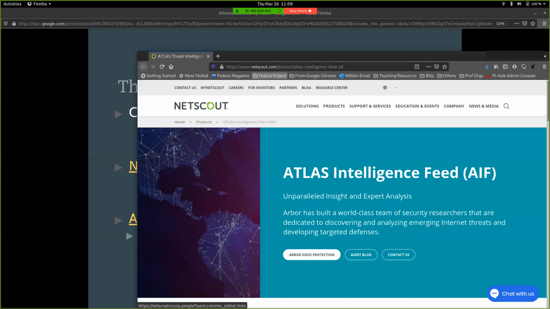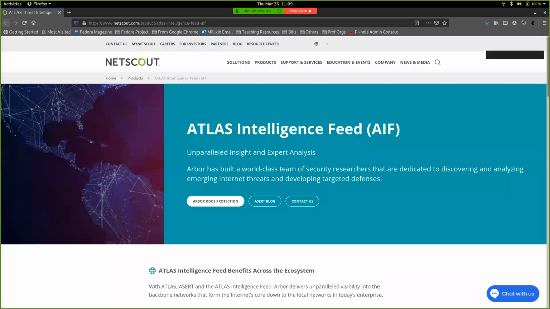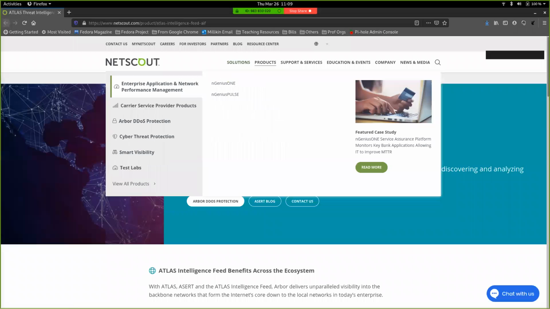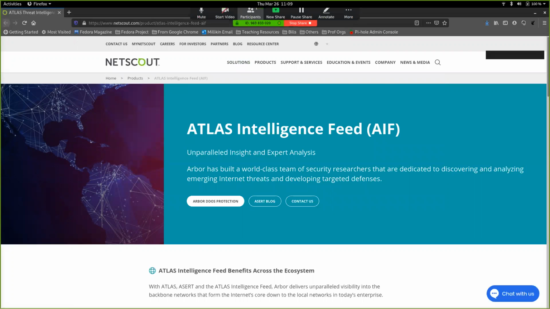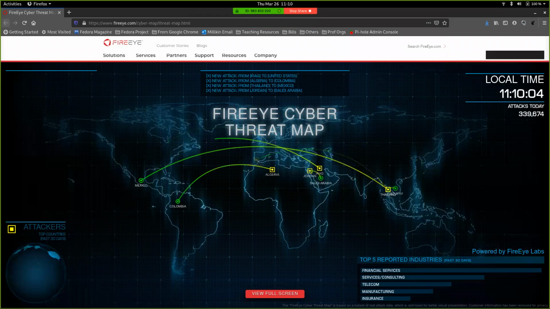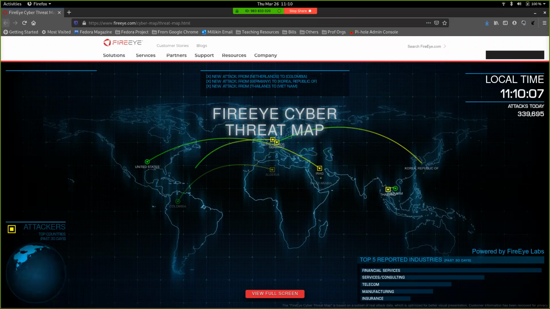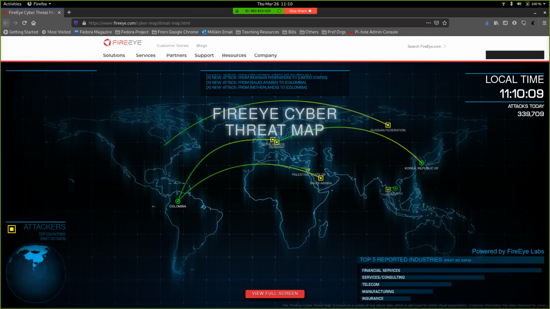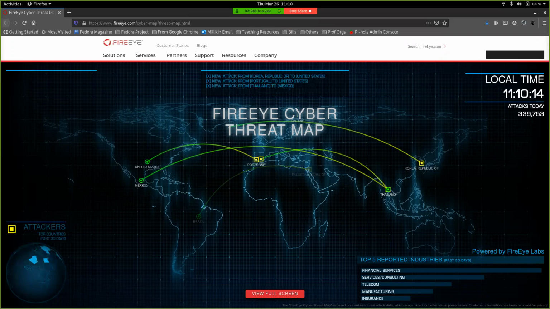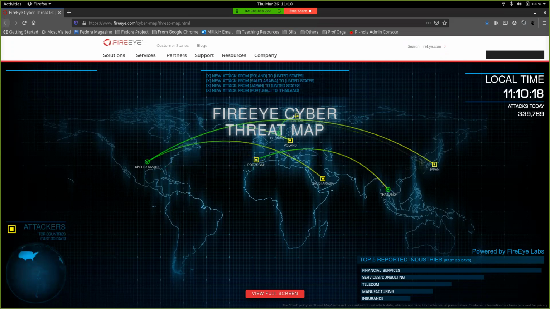We will look at the Atlas intelligence feed. I've shown several of these in class before. This one's through FireEye, a leading cybersecurity firm. And some of these sites will actually show you real-time cyber threat maps that are taking place around the world. So this kind of gives you a quick sense of where they're coming from.